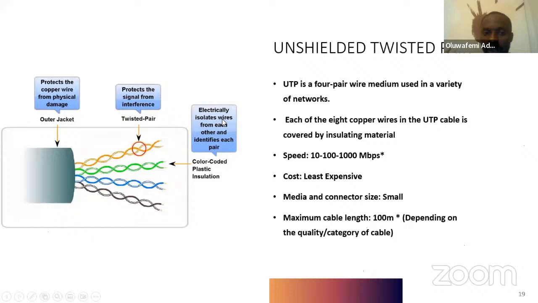So electrically isolate wire from each other and identifies each pair. Do you understand? Color-coded plastic insulation. So I'm not going to go into the depth of how you make this connection. If you have seen a crimper before, all of this goes to the back of a connector called RJ45 connector, and there's a way you will connect it, right?